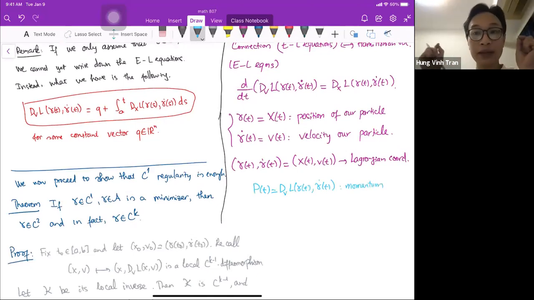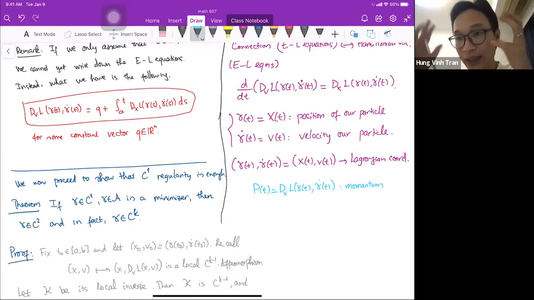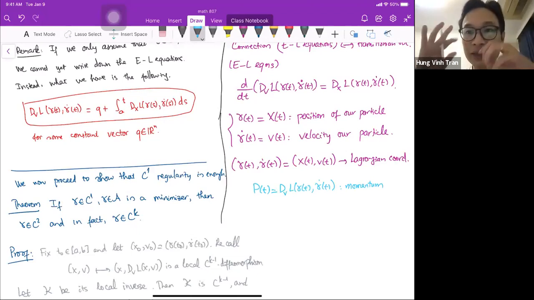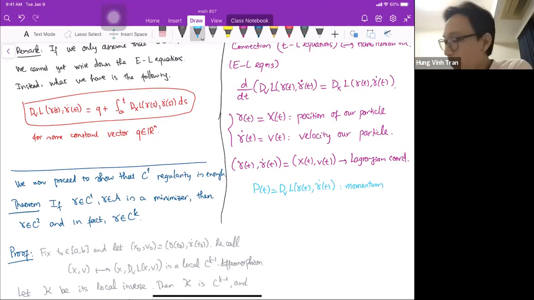In classical mechanics, p is m times v, and in that example it is that. But for a general Lagrangian, this is a generalized momentum. So these are the momentum variables, and xt is nothing but exactly gamma t. Again, this is the position.